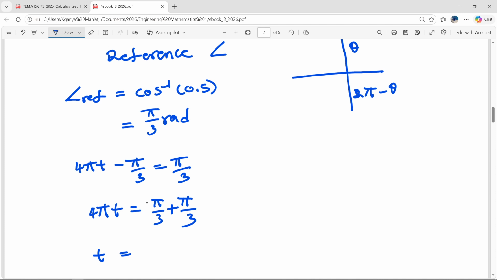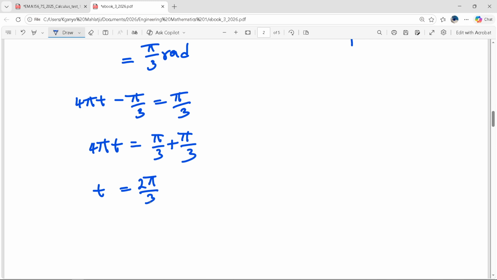pi over 3 plus pi over 3 is literally 2 pi over 3, divided by 4 pi.